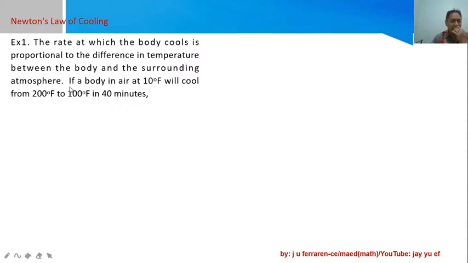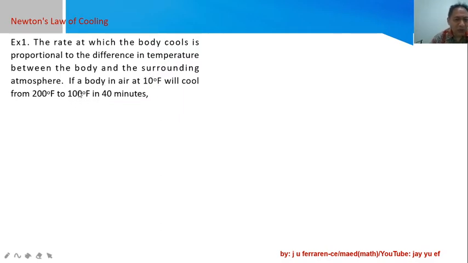Now here is a condition: a body in air at a surrounding temperature of 10 degrees Fahrenheit will cool from 200 degrees Fahrenheit to 100 degrees Fahrenheit in 40 minutes. This means the initial body temperature is 200 degrees Fahrenheit, the air temperature is 10 degrees Fahrenheit, and the temperature drops because the surrounding temperature is lower compared to the body temperature.